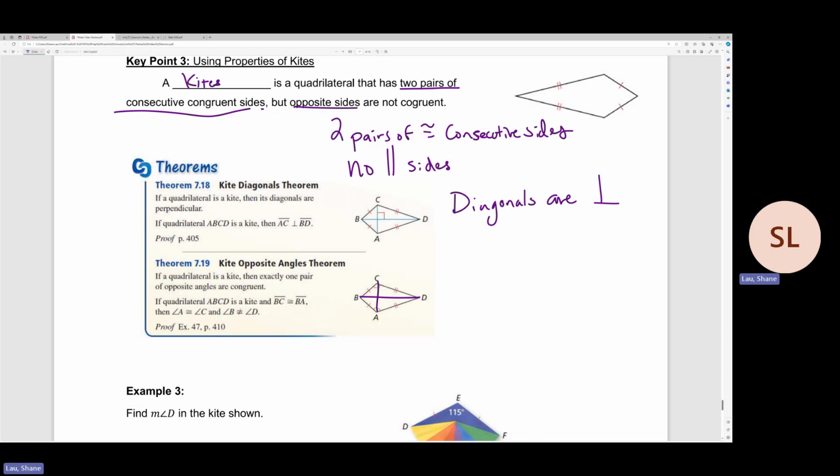And so the way I would say it is: shortest diagonal connects the congruent angles. That is one way to describe it.